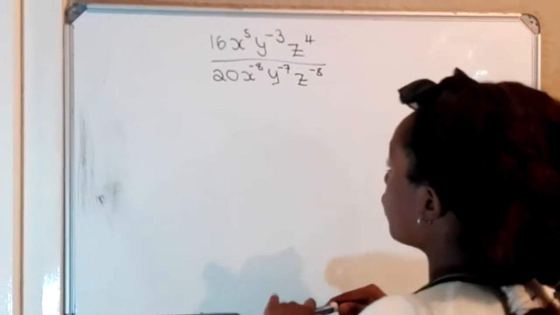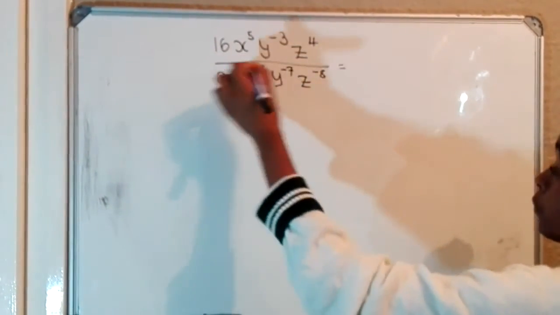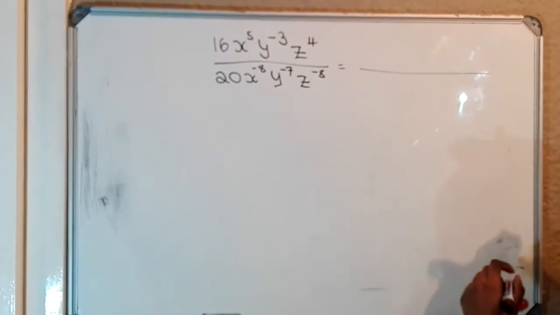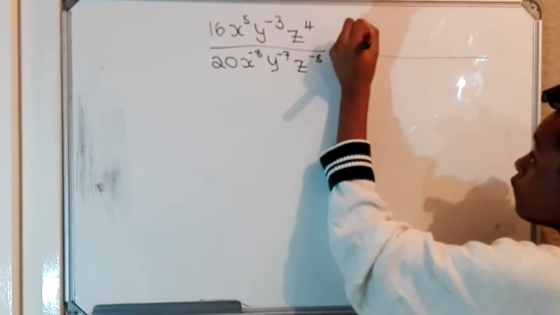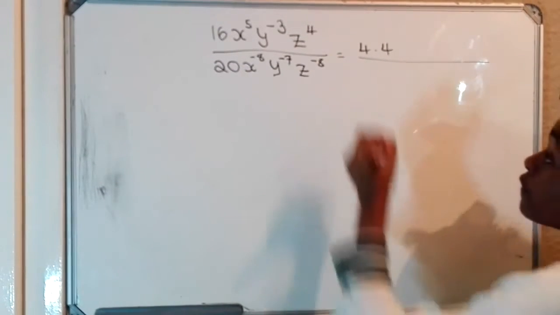So when we're doing this one, we can write 16 as 4 times 4, and 20 is the same as 5 times 4.